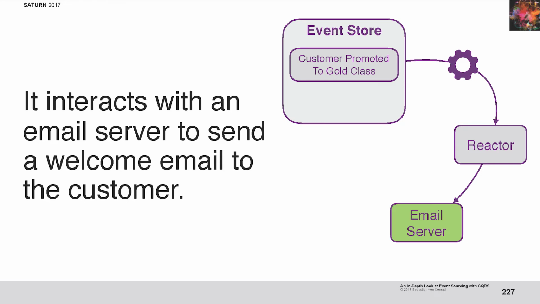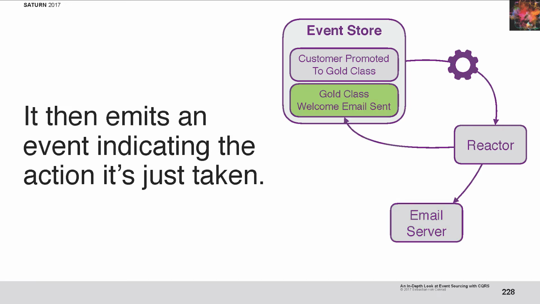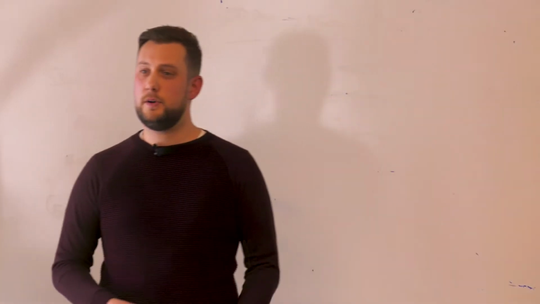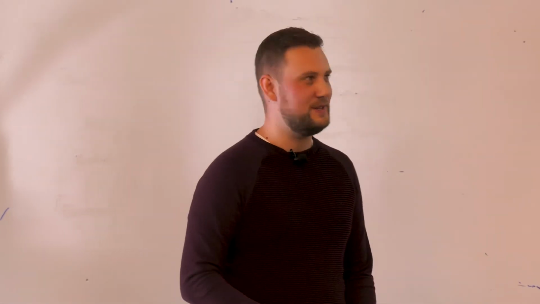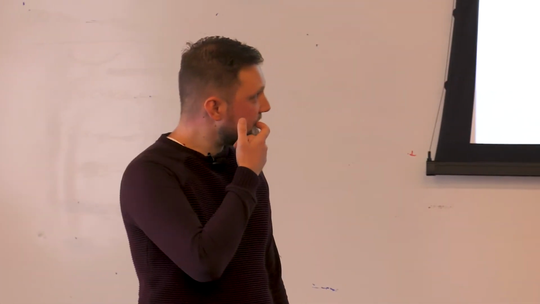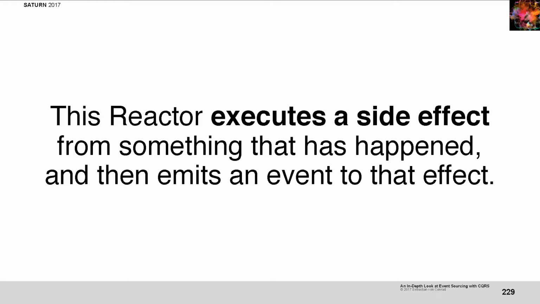It sends an email to the customer saying, hey, welcome, you're now gold class, and here are all the benefits, and so on and so forth. After it's done that, it emits an event back into the event store saying, I've just sent the gold class welcome email to this particular customer. Effectively, it executes the side effects that follow from us declaring that this customer is now gold class, and then it emits an event to that effect.